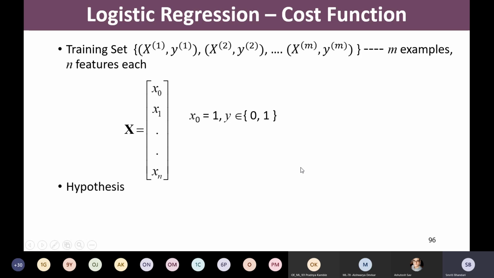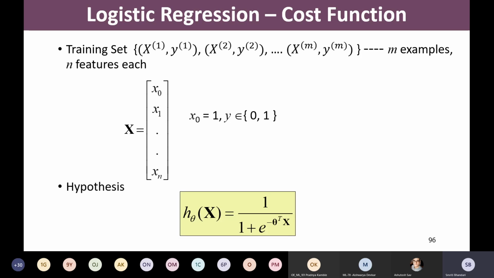And in logistic regression, we have seen that our hypothesis is of the form of a sigmoid function. This sigmoid function is written as 1 divided by 1 plus e to the power minus theta transpose x. So we have seen these concepts.